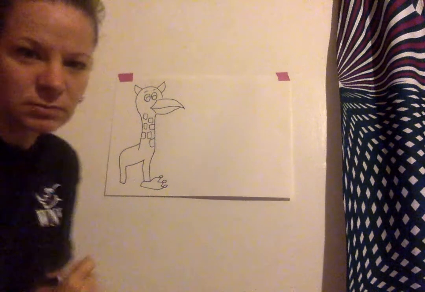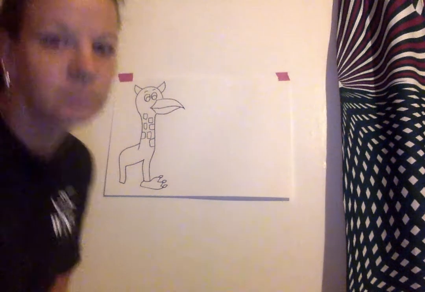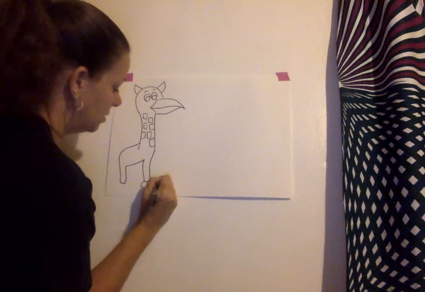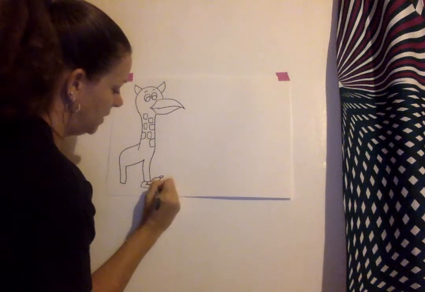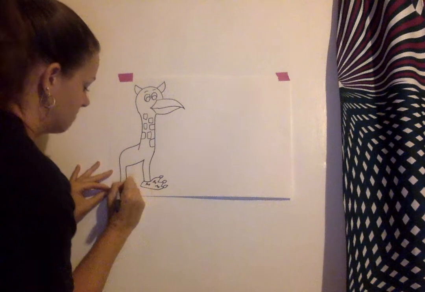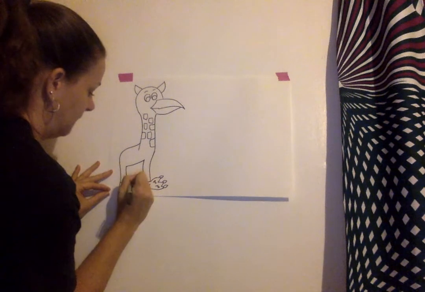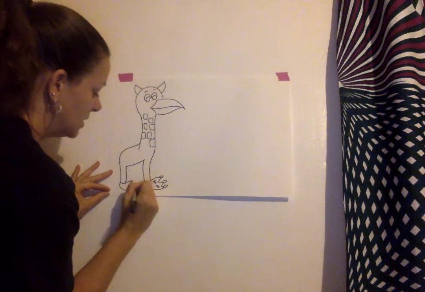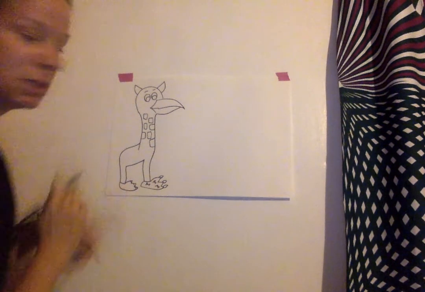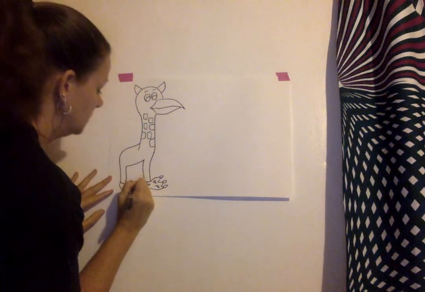Sort of looks like they're on fire a little bit. And I'll give him some hair on his feet. Let's try this one. Maybe I'll do the claws this way instead. Maybe that'll work better. Some hairy feet.